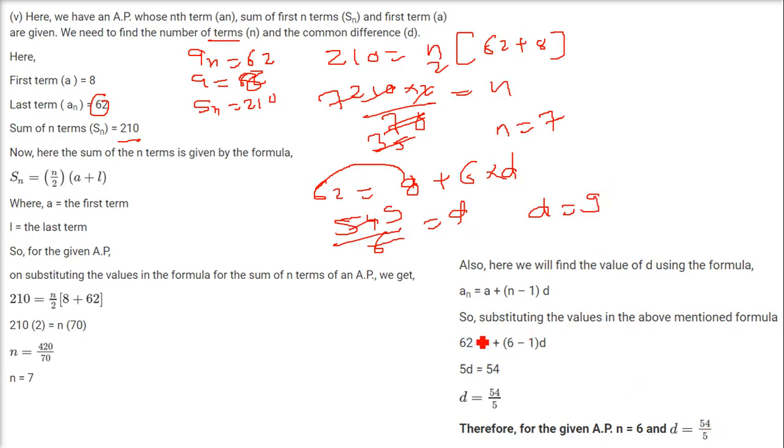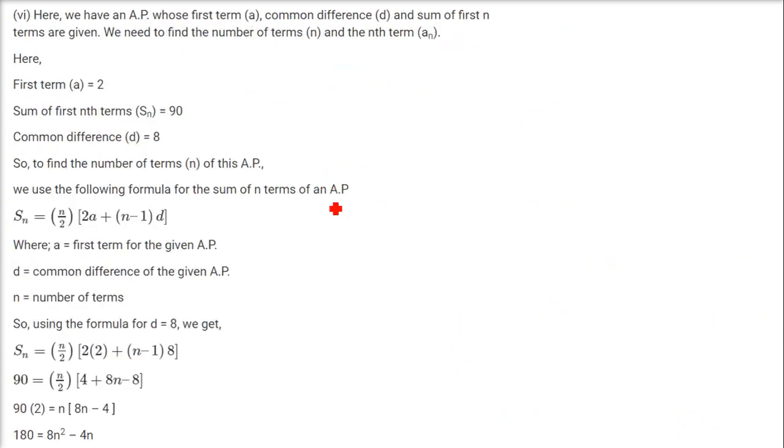See, 62 minus 8 is 54, and this is not 5, this is the number 7, so 7 minus 1 is going to be 6. 54 divided by 6 is 9, so d is 9. This is how we do it.